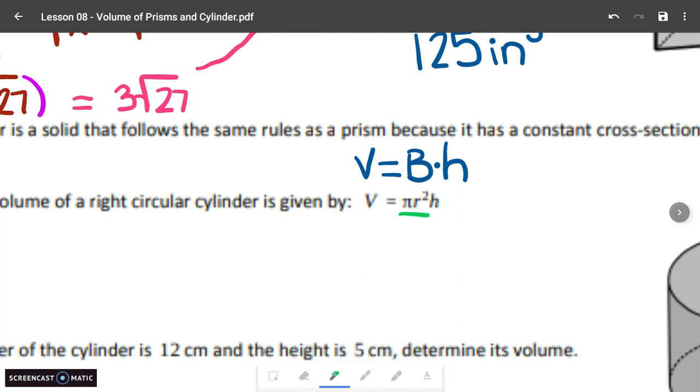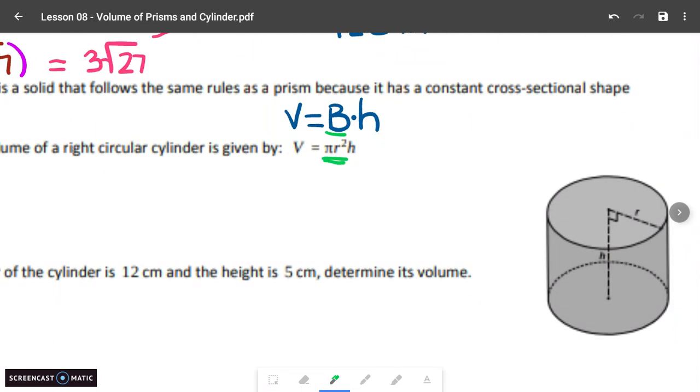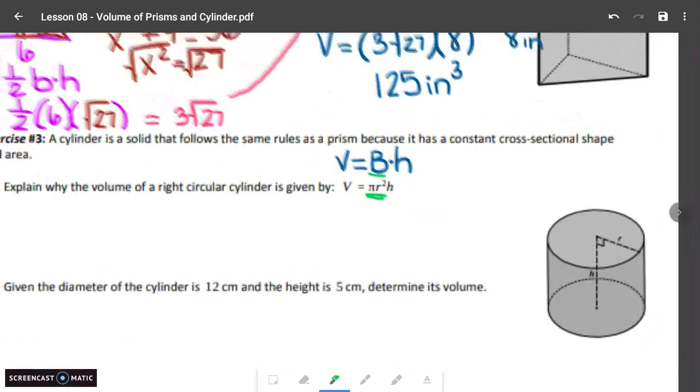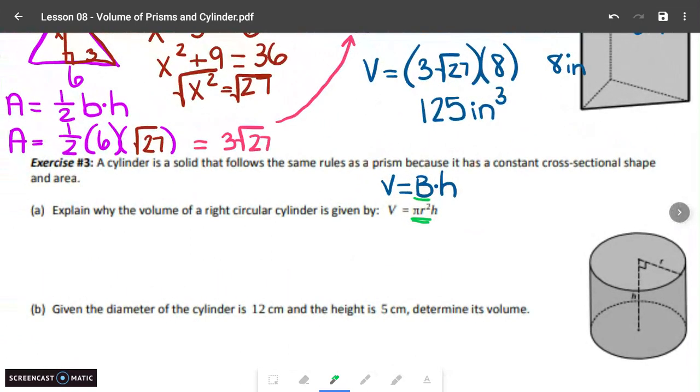B is the area of the base. Pi r squared is the area of a circle. Okay, so we have that in there. So that explanation is that pi r squared h, oops, not h, h is making the cylinder. Pi r squared is the area of a circle.